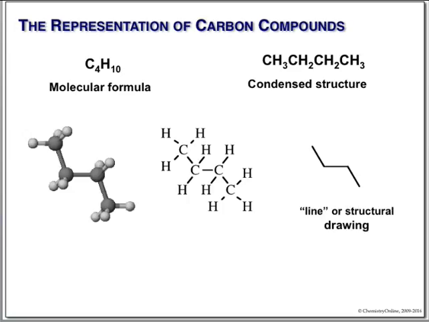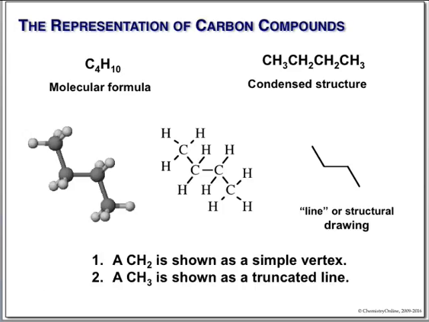And finally, this is the ultimate simplification for all of it. This is how we will typically draw a real organic compound if you were taking organic on an exam or something like that. This is called a truncated line. So it goes out and stops. When you see that in an organic compound, you know that that is a CH3 group.